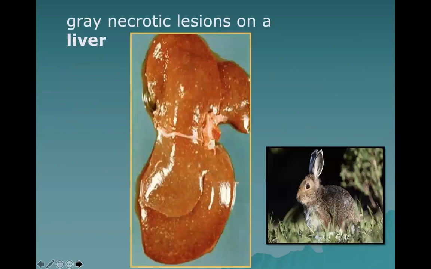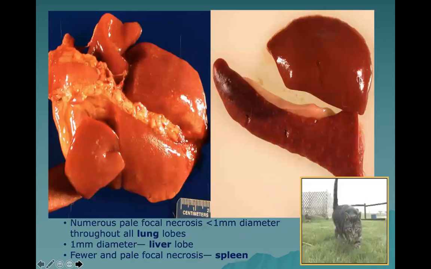These are the lesions that can be seen in the liver. There are gray necrotic foci in the liver of rabbits. This figure shows numerous pale focal necrosis less than 1 millimeter in diameter in the liver lobe, in the lung also, and there is presence of pale focal necrosis in the spleen.